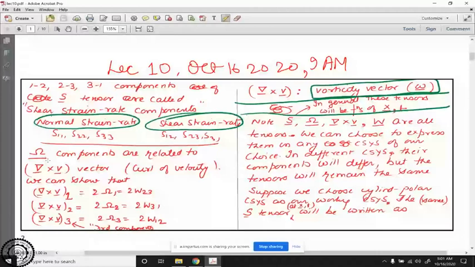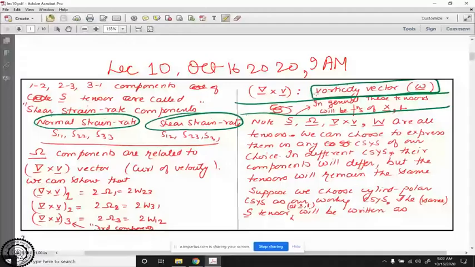So in literature, in books, and later if you take more advanced courses, people will have del cross V, and they will still talk the same about sense of rotation of a fluid element because they differ only by a factor. So if a fluid element is not rotating, then omega will be 0, and so del cross V also will be 0.